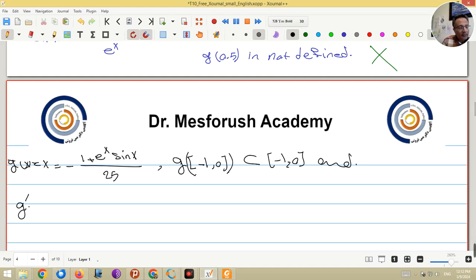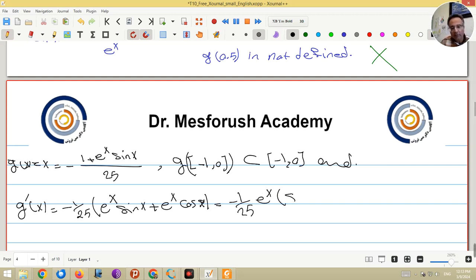And the other one, if you compute g prime of x, it is 1 over 25 times e to power of x sine of x plus e to power of x cosine of x, it will be minus 1 over 25 e to power of x times sine of x plus cosine of x, and this is less or equal to something L less than 1.